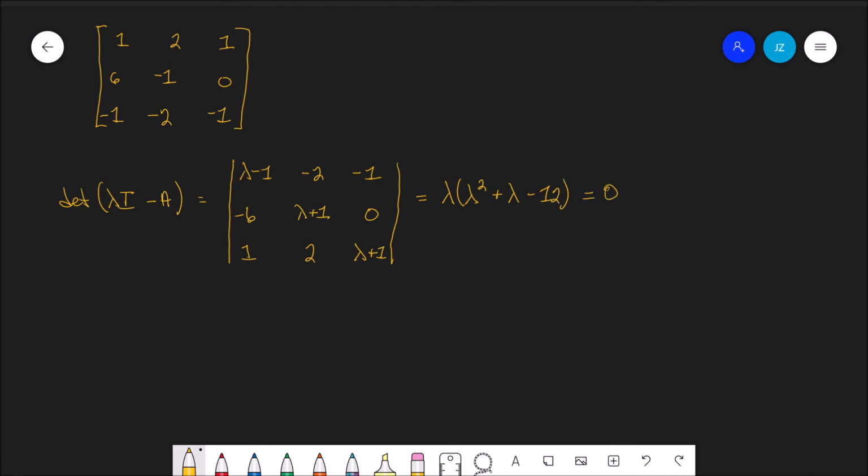And that has to equal 0. This will give us solutions. Lambda 1 is equal to negative 4, lambda 2 is equal to 0, and lambda 3 is equal to 3. So we have 3 eigenvalues.